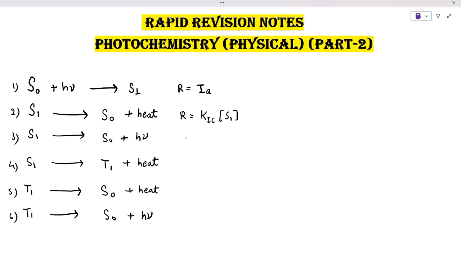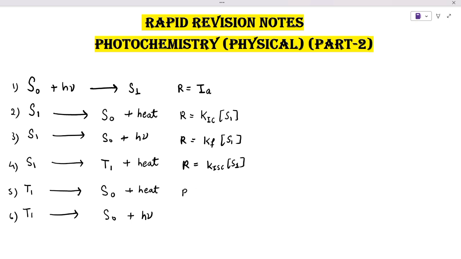Then the third step rate equation is kF S1. Here kF is the rate constant for fluorescence. The fourth step rate equation is kISC S1. Here ISC represents intersystem crossing.